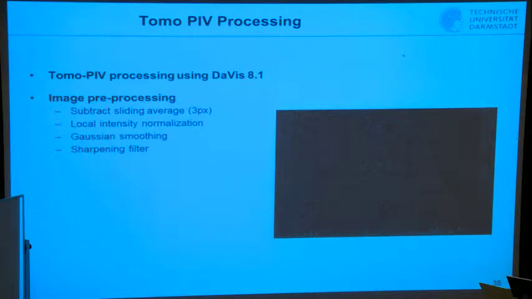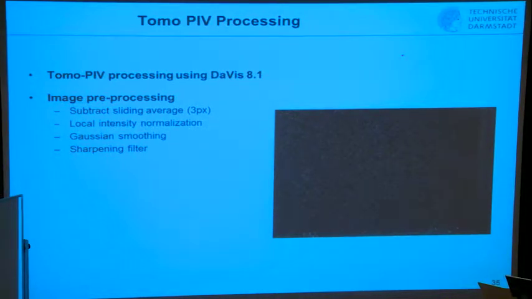So here, in this example, image pre-processing has been done by subtracting a sliding average. And thereby you already see you get a better contrast. Then the intensities have been normalized, and they have been smoothed by a filter. And then again, to come back to better contrast, the particles have been sharpened.